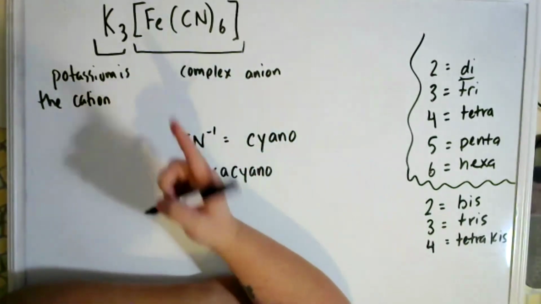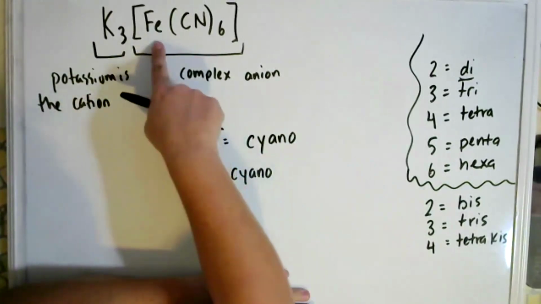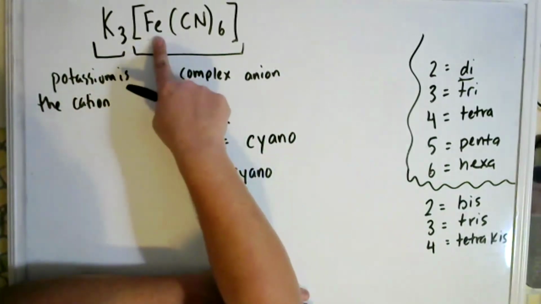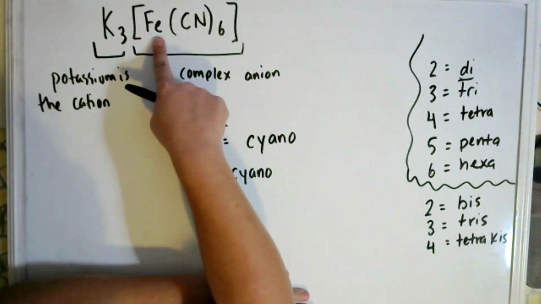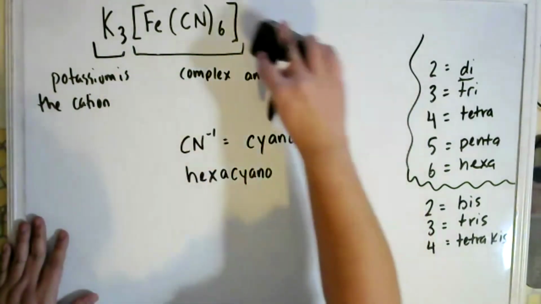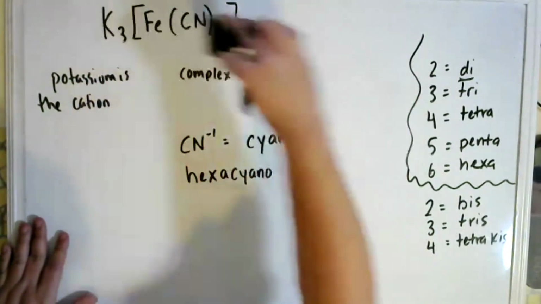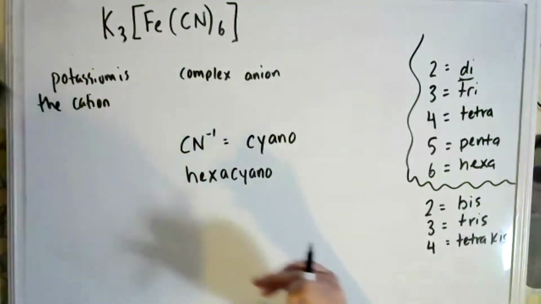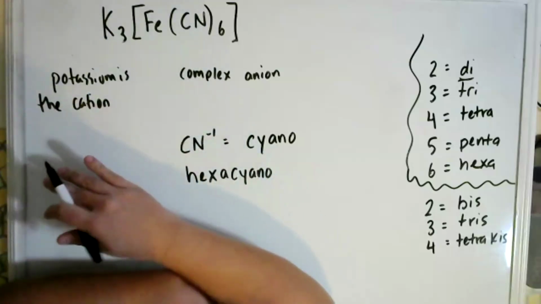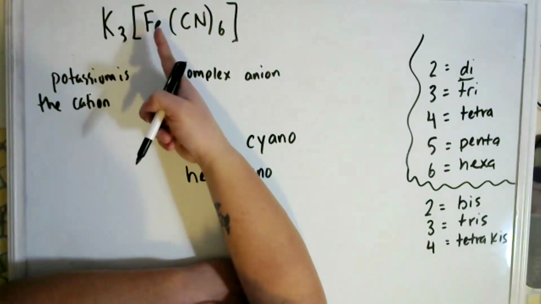Now for our metal, that's part of our complex ion specifically, we have to find its oxidation state. So erase this part so that we can do what we were doing before. We're just looking at the oxidation state of a different metal in this case, a different part of our compound.